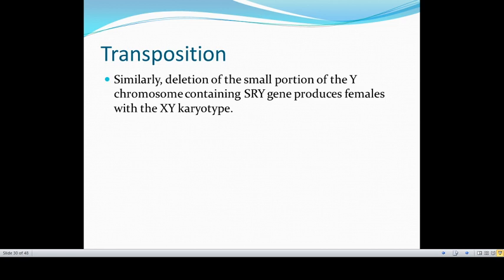Similarly, deletion of the small portion of the Y chromosome containing the SRY gene produces females with the XY karyotype.